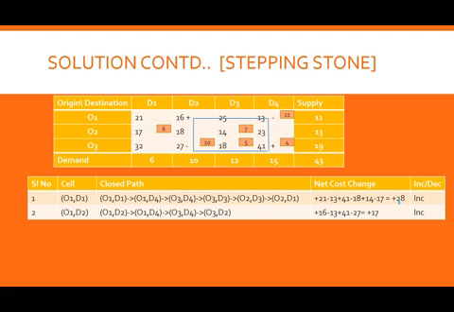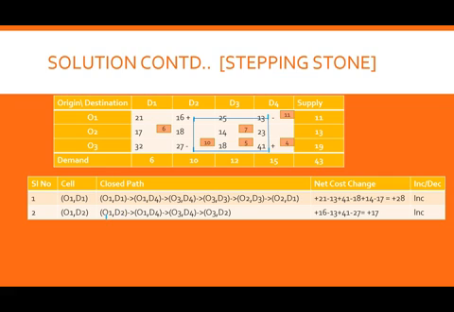Go to the next unoccupied cell, O1D2. Form the loop. O1D2 to O1D4, then O3D4, then O3D2.